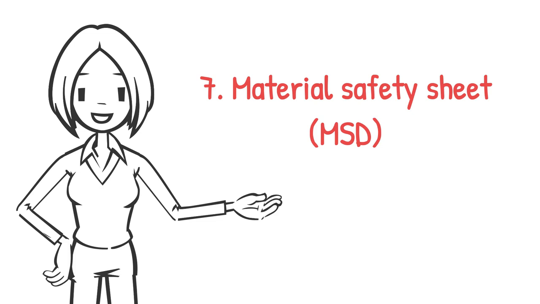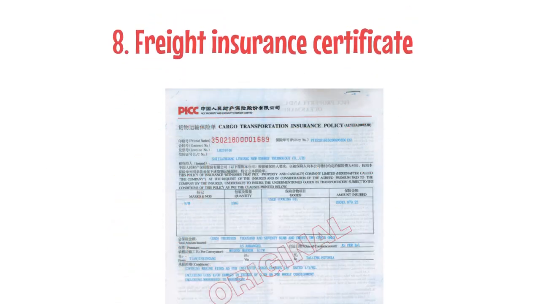This doc is usually required for liquids. 8. Freight Insurance Certificate. This doc is not mandatory in export-import documentation. If the goods are precious, then the buyer requires that the exporter signs an insurance policy for the goods. The insurance certificate is issued by companies who provide insurance. The international shipping companies, like DHL, DSV, provide insurance.